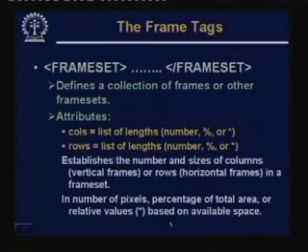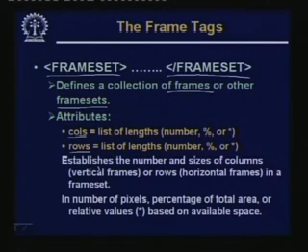Now let us look at the tags. The main tag with which you can define the frame is the frameset. Frameset can define a collection of frames or, recursively, other framesets. There are some attributes: cols and rows.